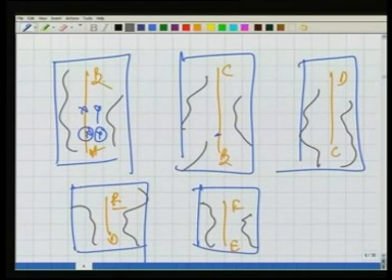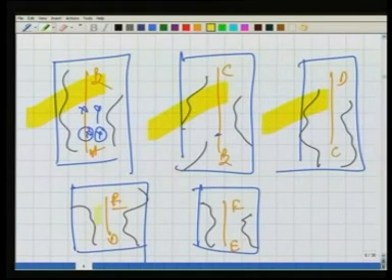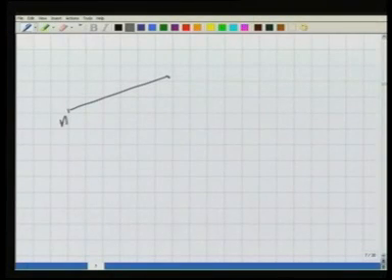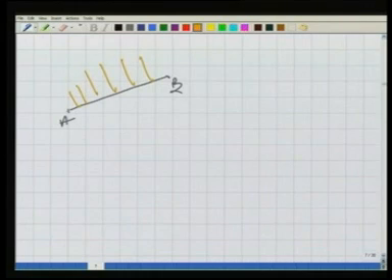Now using all these pages of the field book, we can combine them together in order to make the map. Well, I start with line AB. I know that I have taken the offsets and the offsets are certain values here, and I join these in order to make my boundary.